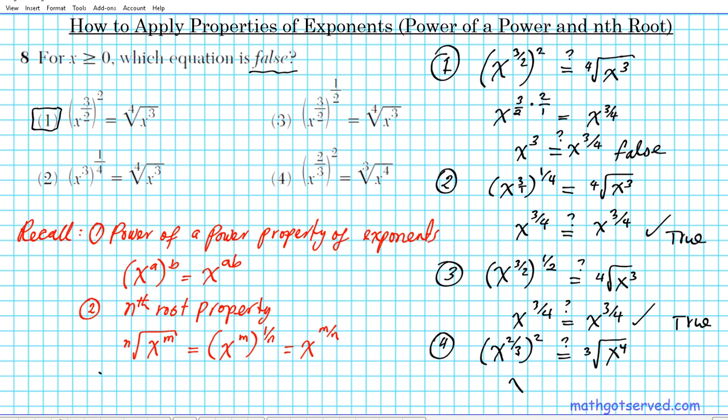Multiply the powers, so you multiply 2/3 times 2 over 1. Numerator times numerator is 4, denominator times denominator is 3. On the right side, using the nth root property, this becomes x to the 4/3. Are they both the same? They certainly are. The statement is true. So we see why the answer to question 8 is option 1, because all the other statements are true, hence they need to be eliminated.